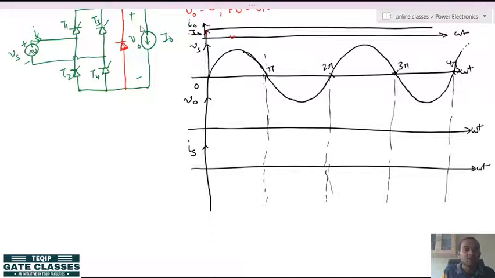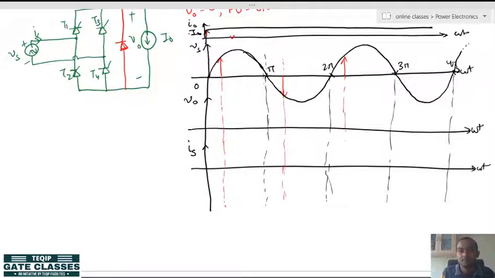Let us mark the alpha values also, the firing angles. Let us say this is alpha plus pi, this is alpha plus 2 pi and alpha plus 3 pi.